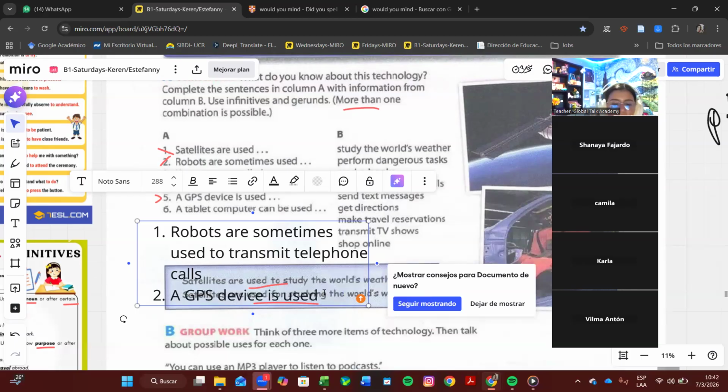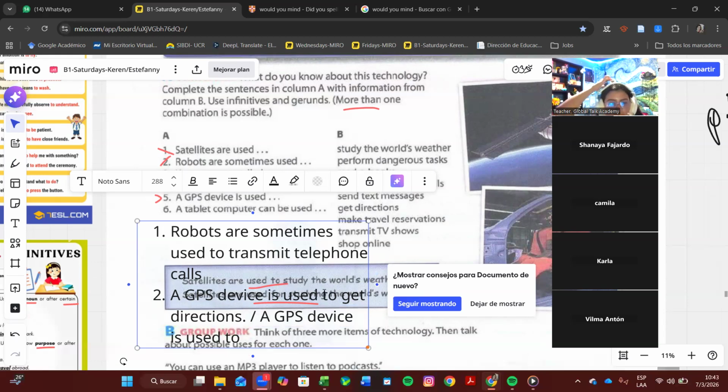So it's used to get directions. If we do it like a gerund, it should be: a GPS device is used for getting, right?